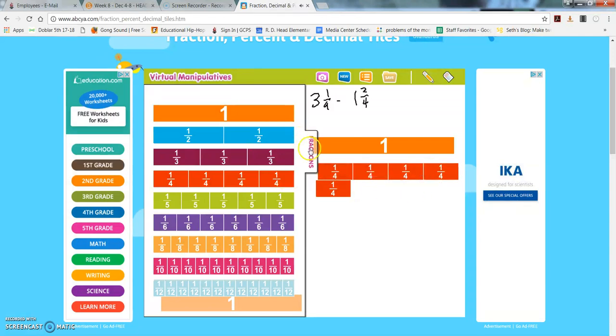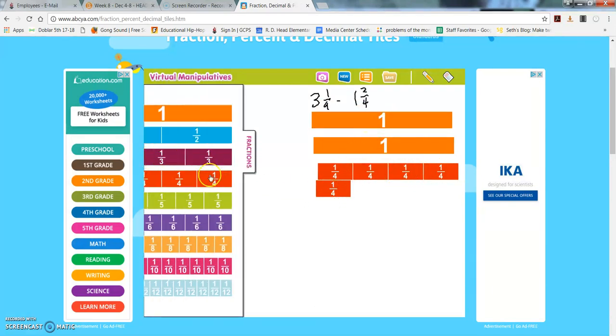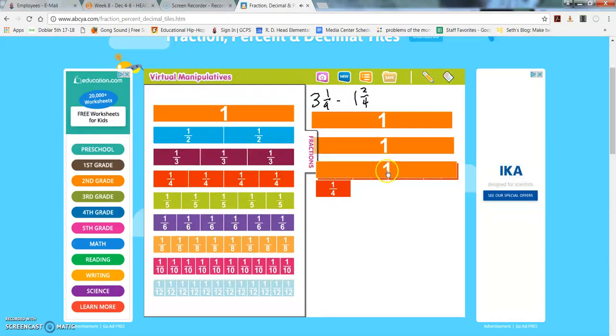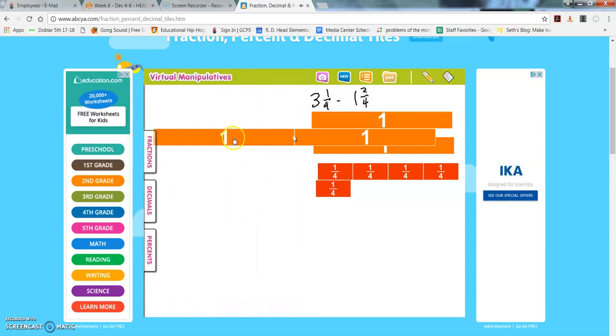That makes sense. So if you look, I go back to my beginning. I still have 1, 2, 3 wholes and 1/4. I started like this, and I'm going to replace that with 4/4. So if I do that, that's regrouping.